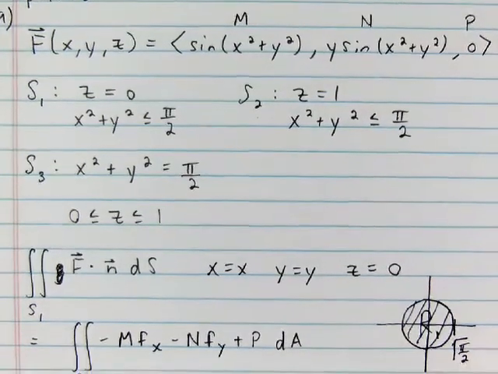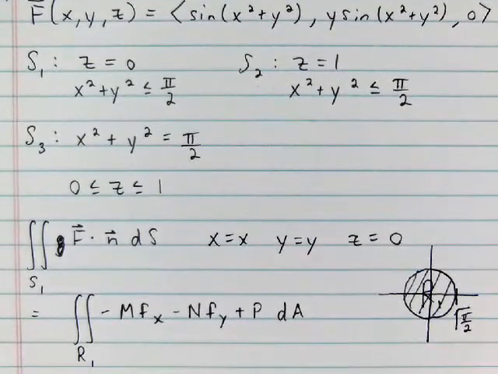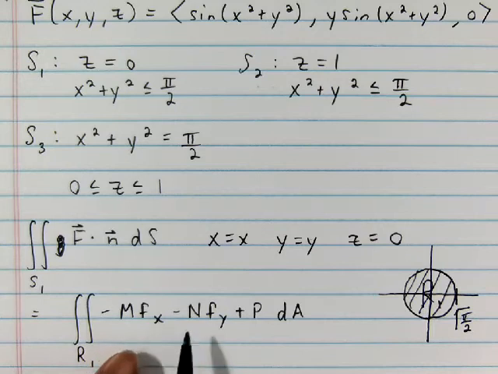This formula always has the z component, or the k component, pointing up for the normal vector, because the normal vector here is negative f sub x, comma, negative f sub y, comma, 1.